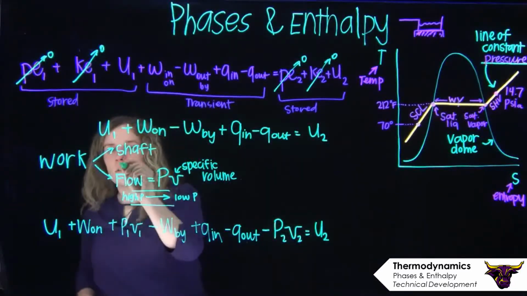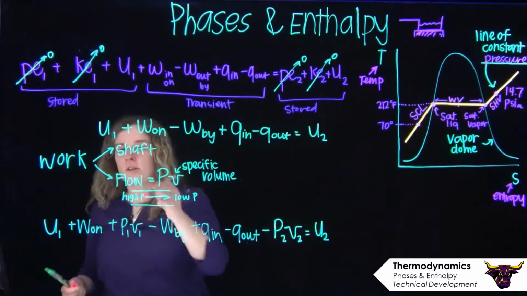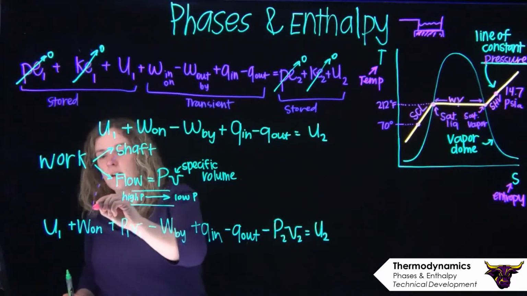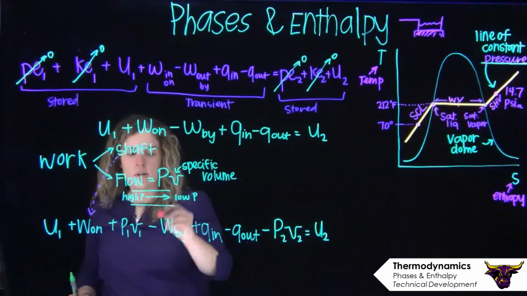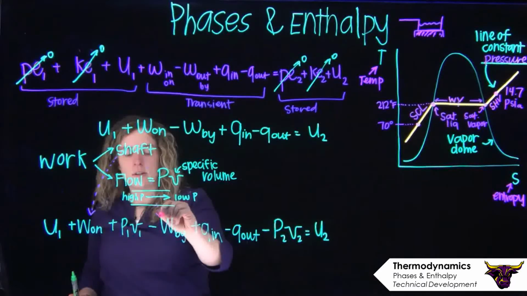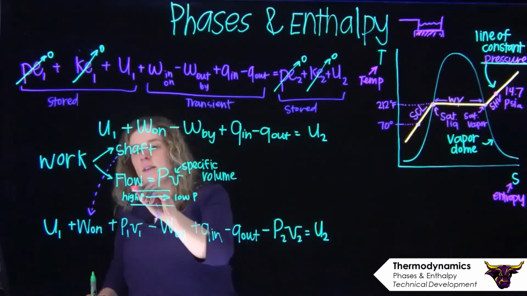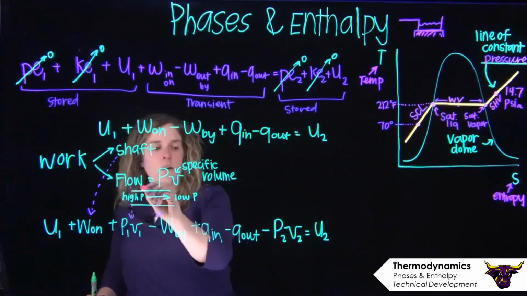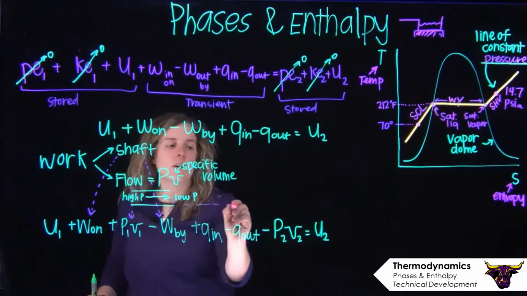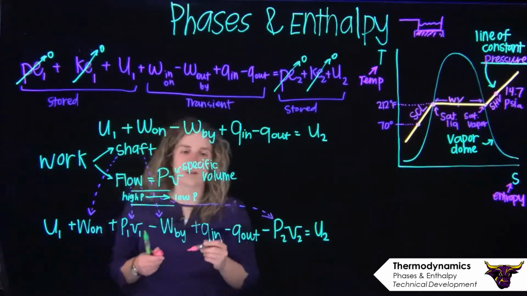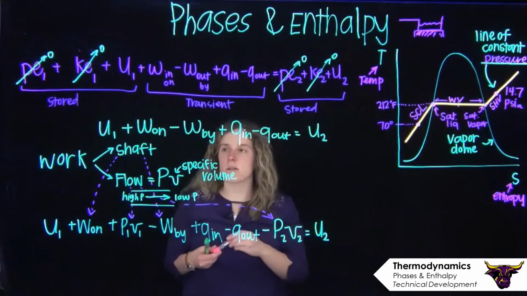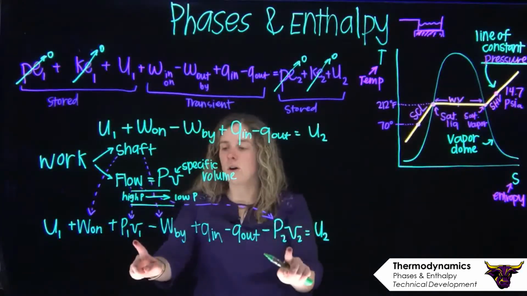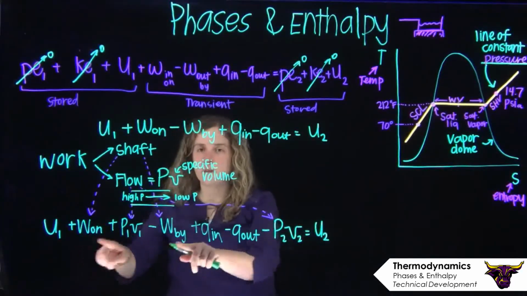If we look at our shaft work, this is going to be our shaft work, whereas our PV values are going to be our flow work. Here's flow, here's shaft.